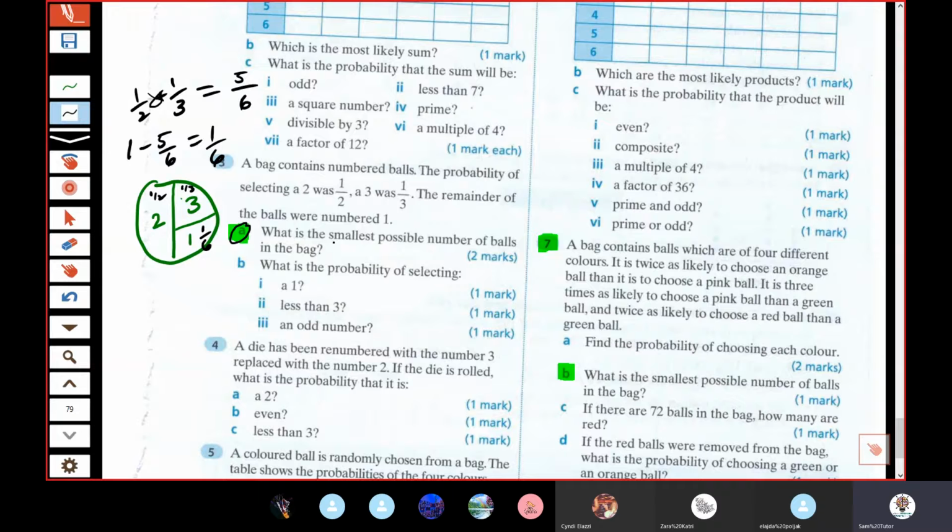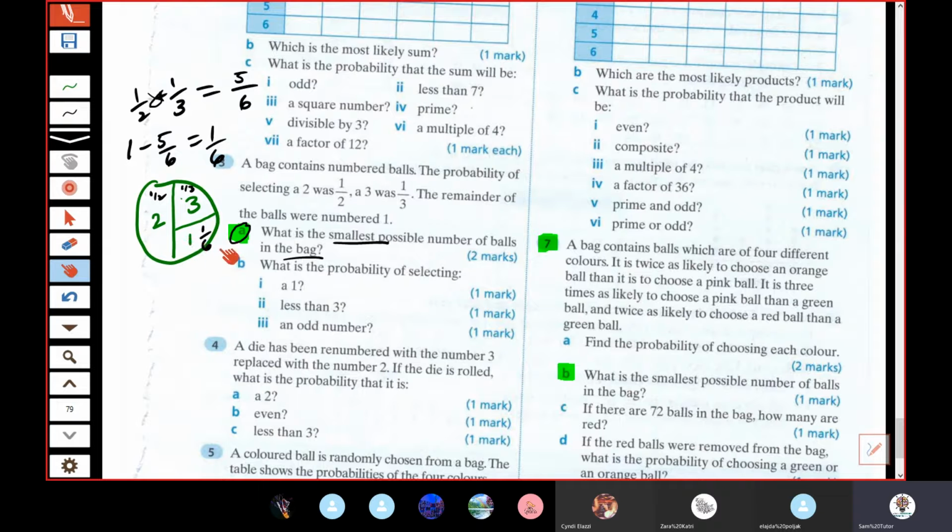What is the smallest possible number of balls in the bag? Well, if you know that 1 out of 6 balls was the number 1, again, 1/6 of all the balls in the bag was a 1, what's the smallest number of balls you can have?